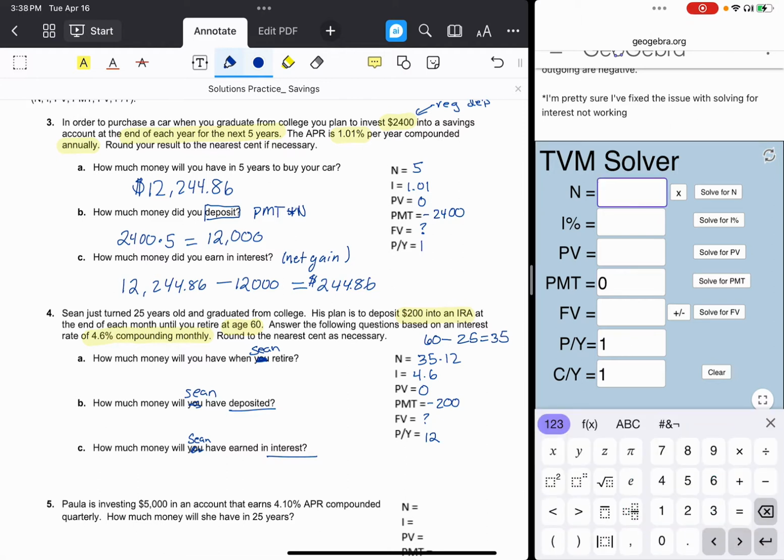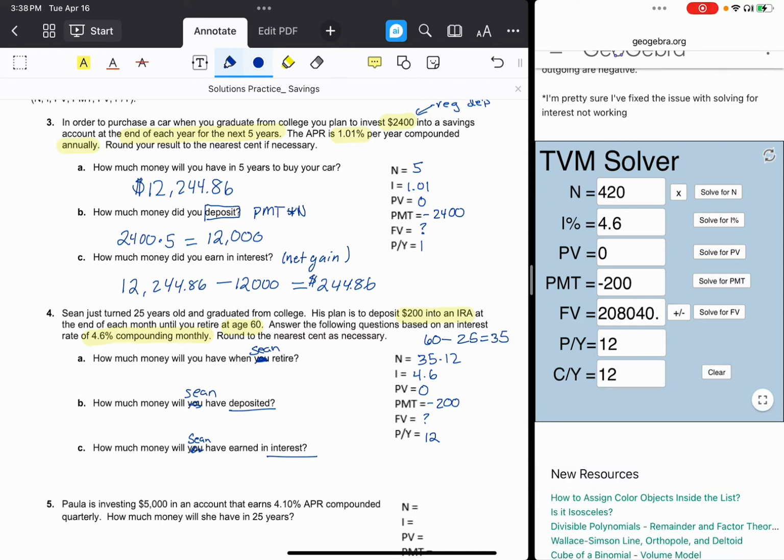So we have N, 35 times 12, and so that says 420 payments. 4.6 is our interest rate. We have no present value, but we are putting in $200 each month, and we're going to be doing that 12 times a year. I like to just click on the C/Y box just to make sure that it carries down, and I'm going to solve for my future value.